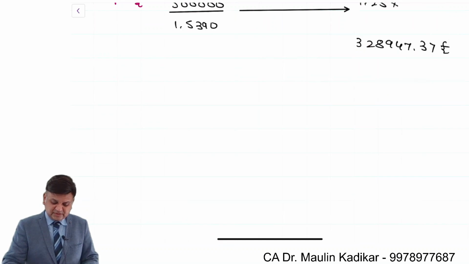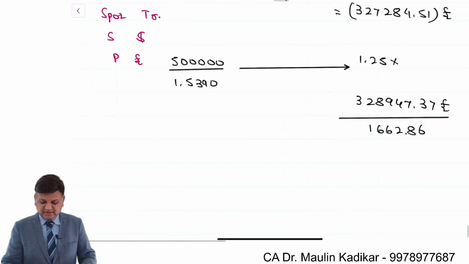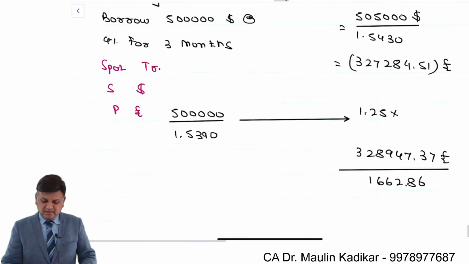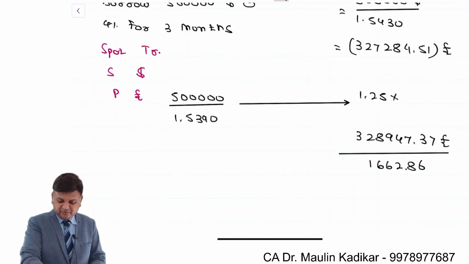What is the amount of the surplus? Amount of the surplus is 1,662.86. 328,947.37 minus 327,284.51.